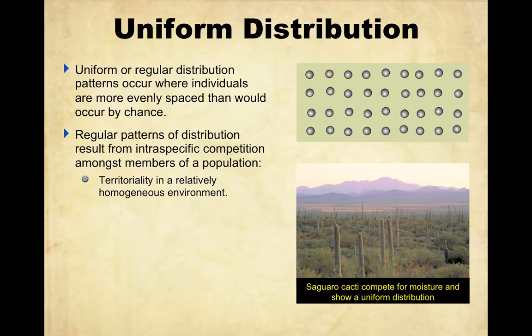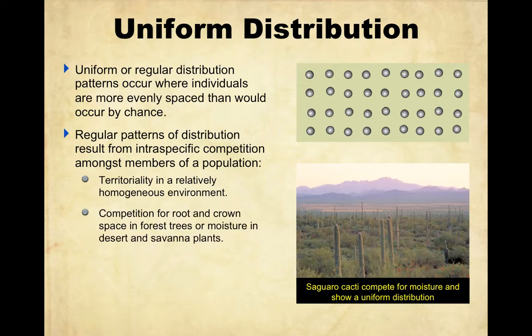So in this situation, you end up getting territorial versions of that organism in a homogeneous environment, meaning when the environment is the same, and all the organisms have the same shot at surviving, then they tend to be territorial and have a diameter of space where they say, this is mine.